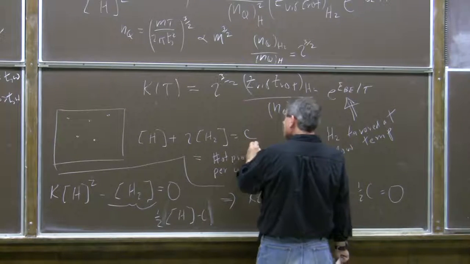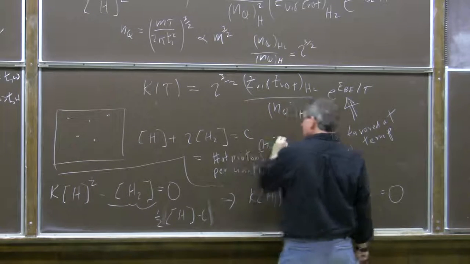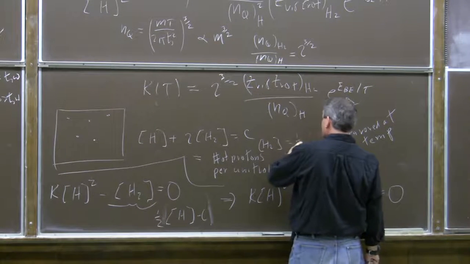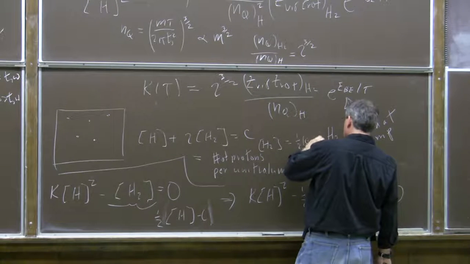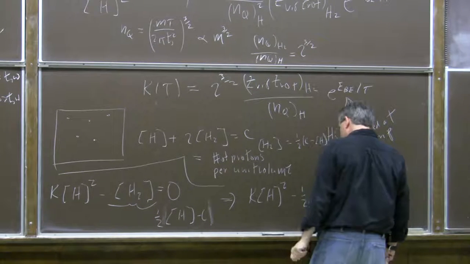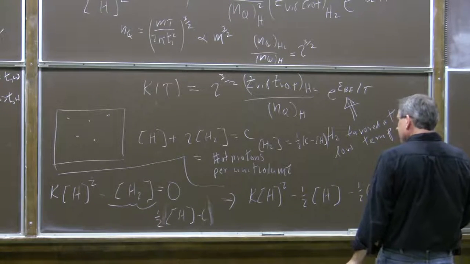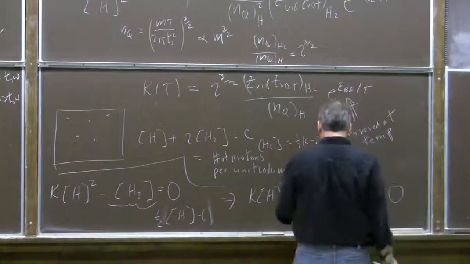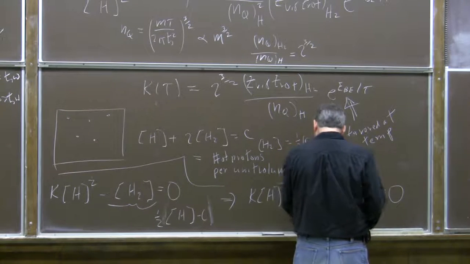So, okay. So the H2 concentration is 1/2 C minus the hydrogen concentration. And so this is actually a plus sign and this is a minus sign. That's right.